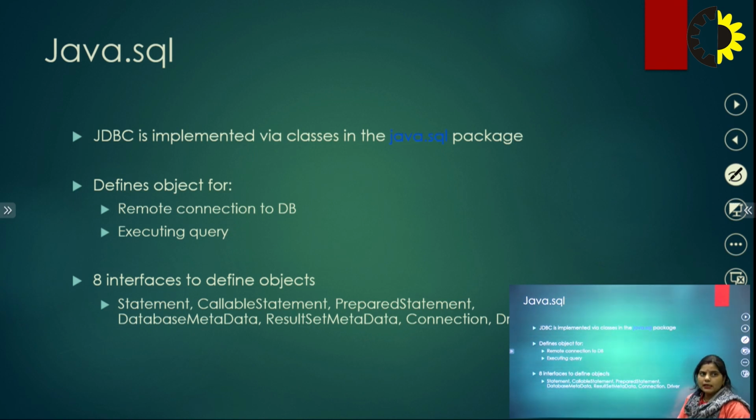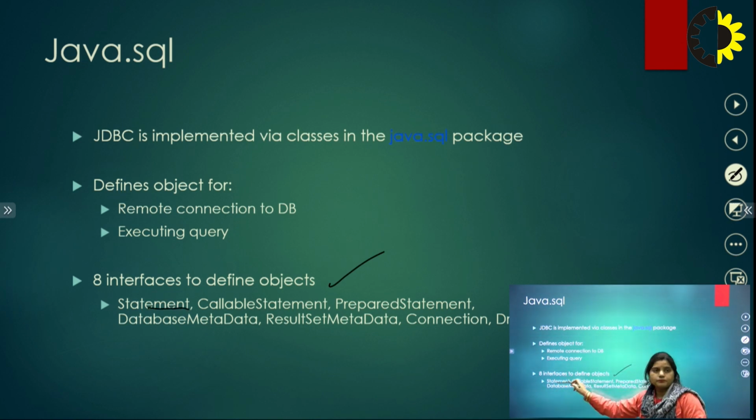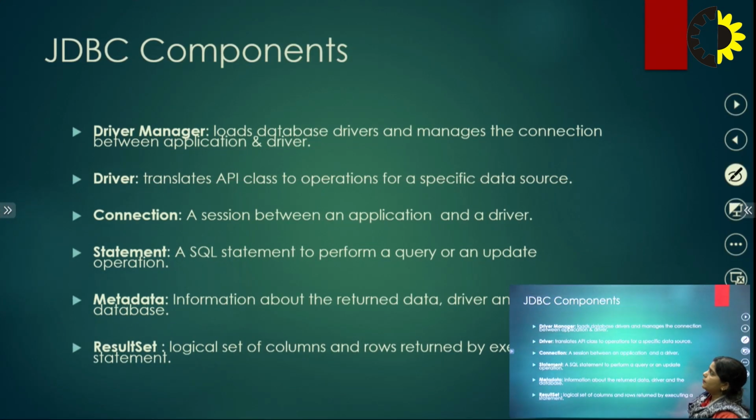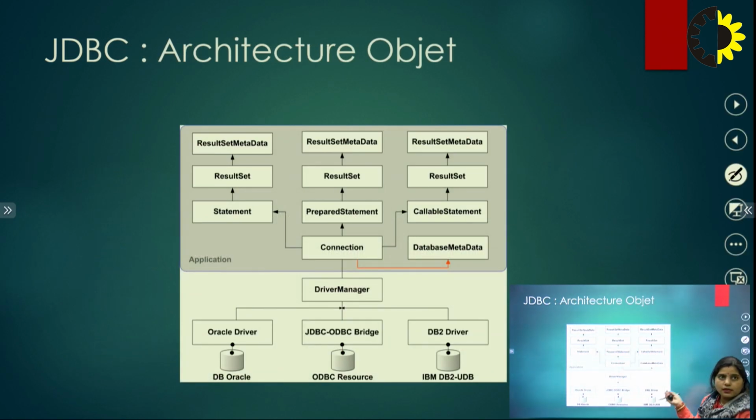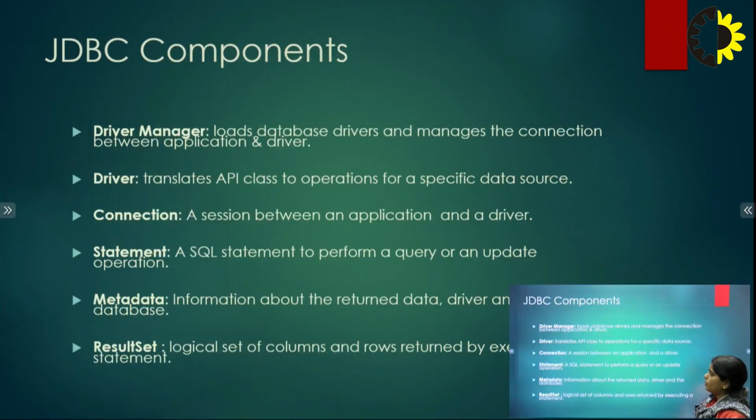There are 8 interfaces to define the objects we use in JDBC connectivity: Statement, CallableStatement, PreparedStatement, DatabaseMetaData, ResultSetMetaData, ResultSet, Connection and Driver. These are represented in this diagram, which is known as the architecture object, because it shows all the 8 interfaces for which we define objects.